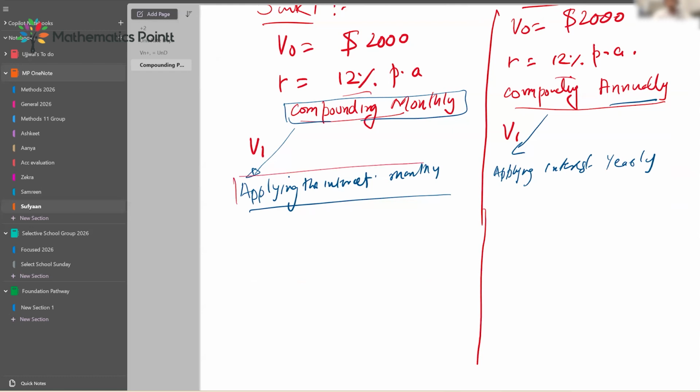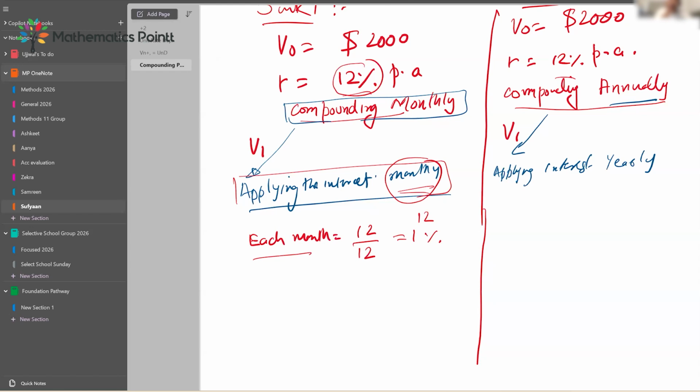When we are applying the interest monthly in the first scenario, what is my annual rate? 12%. But it is applying monthly. How many months are there in a year? 12. So each month, how much interest will be applied? 12% divided by 12, because I'm talking about 1 month, which means 1% every month.